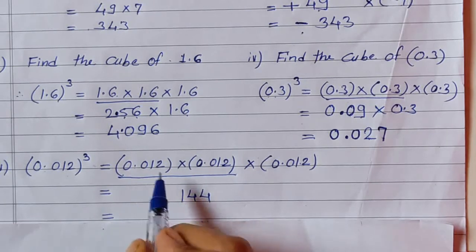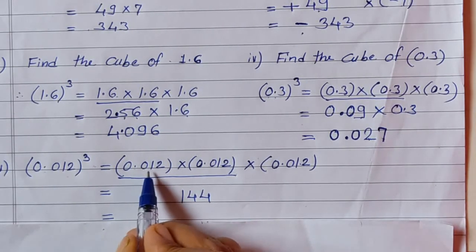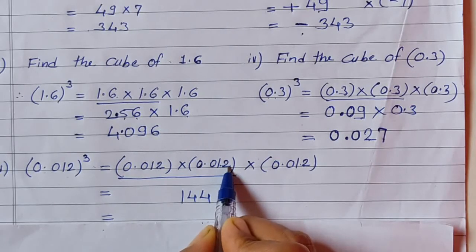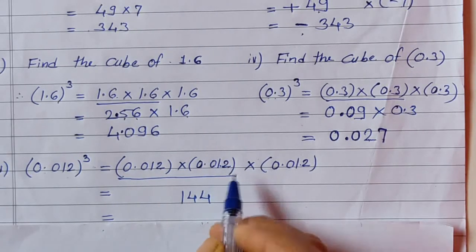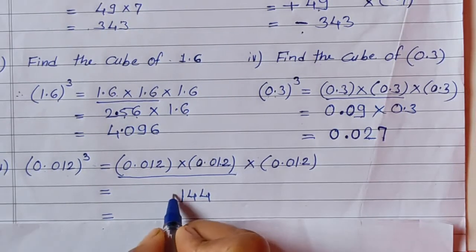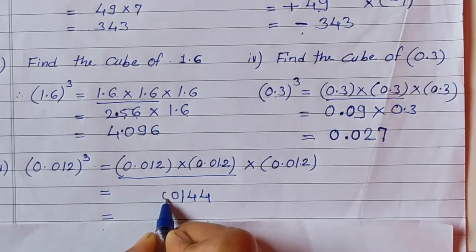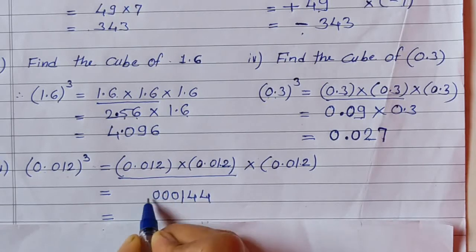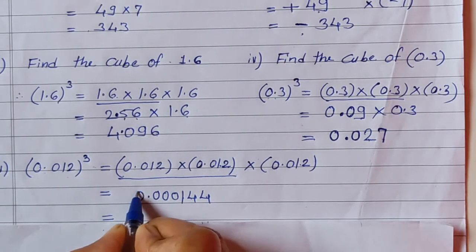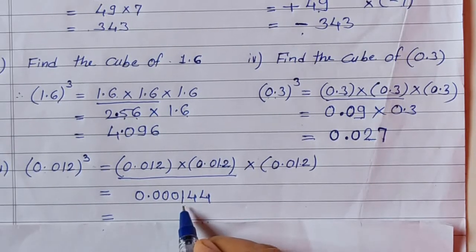Now count these places, 1, 2, 3, 4, 5, 6. There are 6 places after the decimal point. So after the 6th place put the decimal point and this 0. So this is the answer of this product.